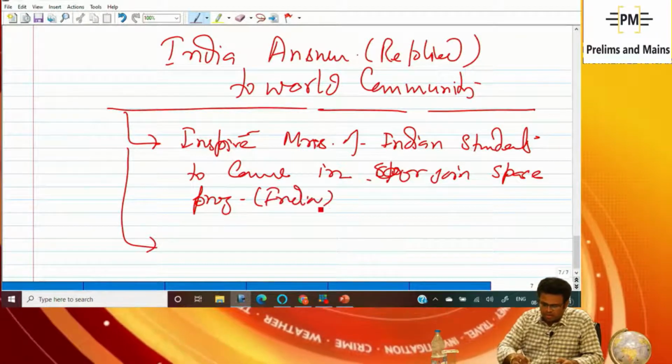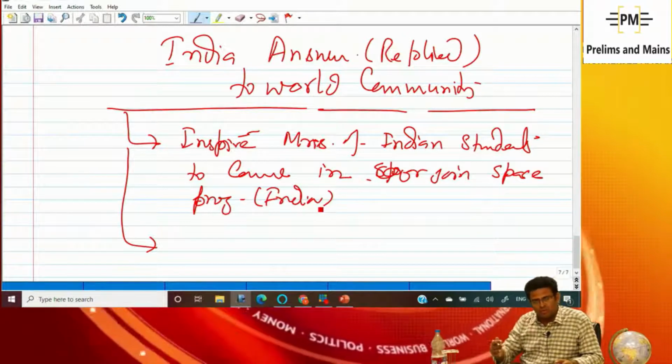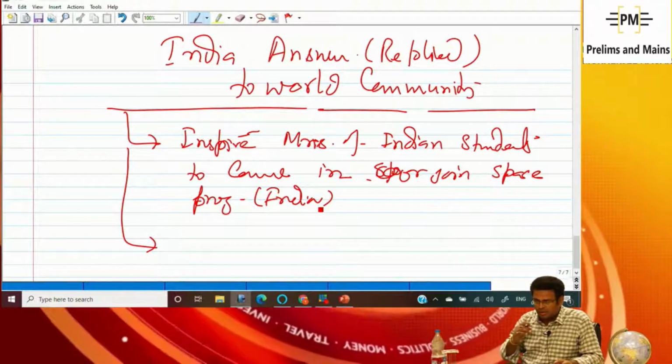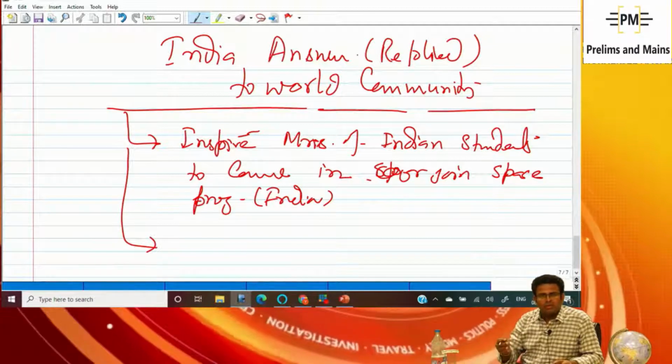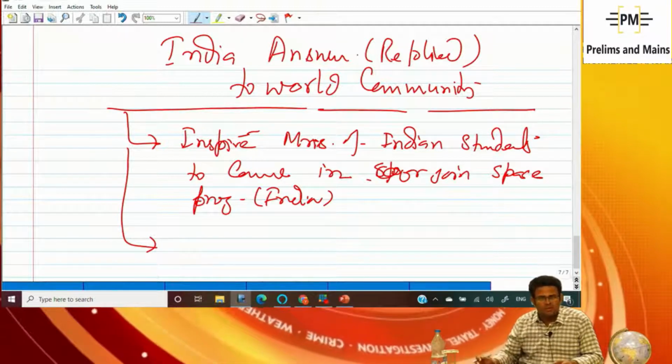Also it will give opportunity to space scientists to join Indian space instead of foreign.